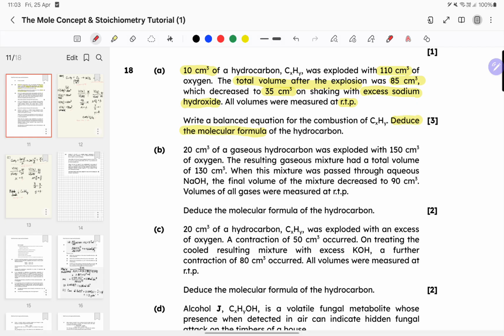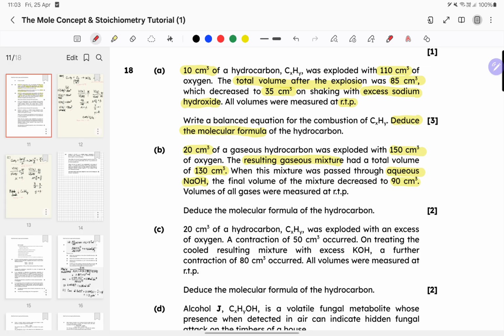Notice over here that the question phrasing is very similar to that of B. If we look at B, 20 cm cube is exploded with 150 cm cube of oxygen. The resulting gaseous mixture, the total volume after the explosion, is 130 cm cube. When you pass it through sodium hydroxide, the final volume decreased to 90 cm cube.